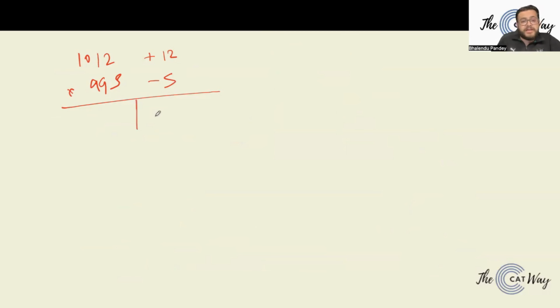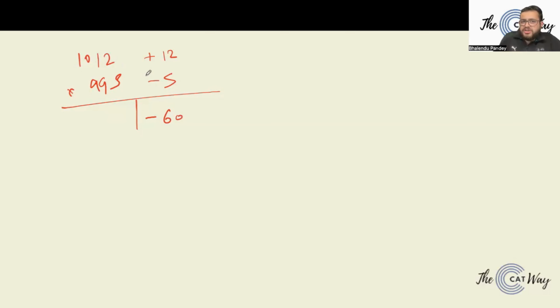Right? Let's try a different case, because I'm sure you will face some difficulty if you have to calculate, let's say, 1012 and 995. Correct? Because now this is plus 12, this is minus 5. So over here we get 12 into 5, but this is plus 12 and minus 5, so this gives you a minus 60.